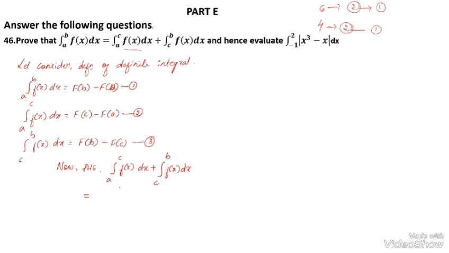By applying the definition, upper limit minus lower limit plus upper limit minus lower limit. Okay, f of c gets cancelled, then minus f of a plus f of b. So it can be written f of b minus f of a.